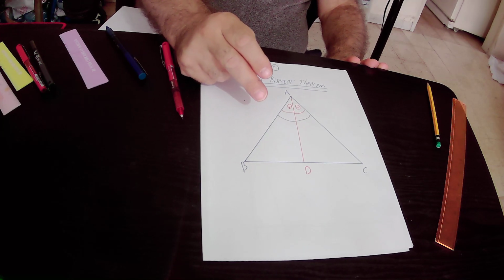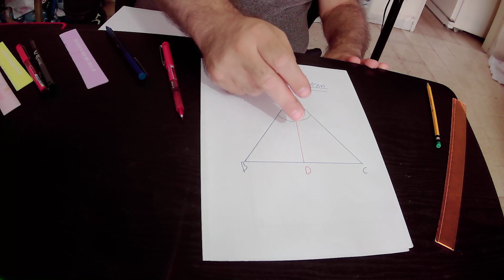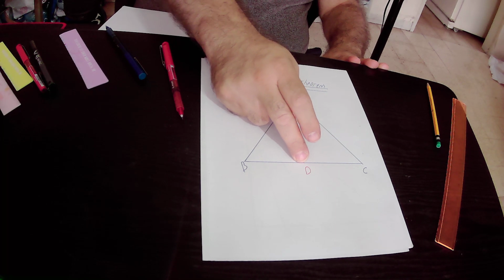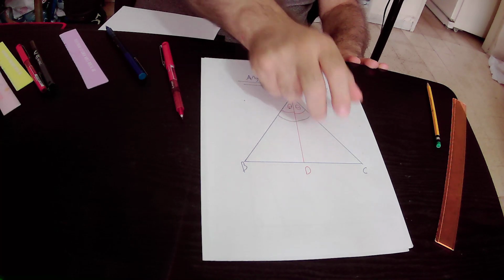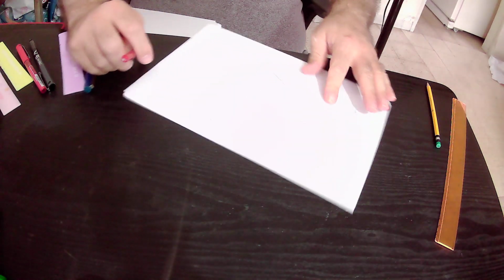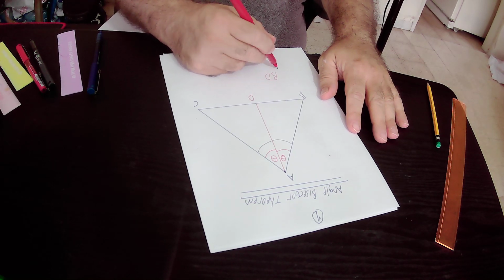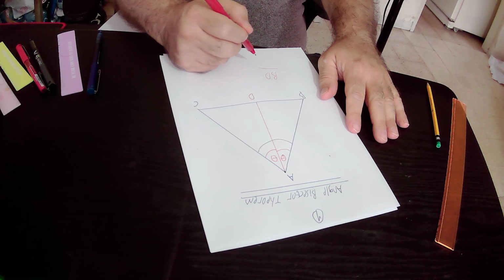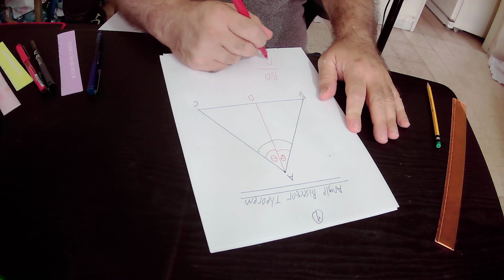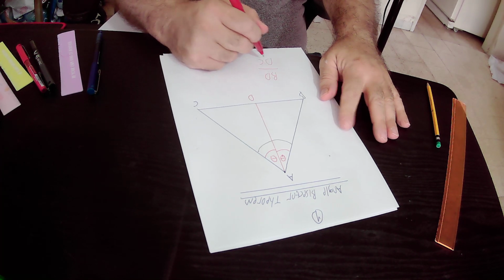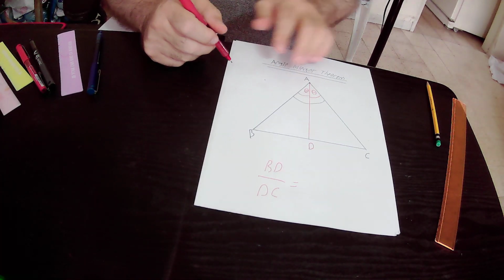So the angle bisector AD hits side BC at point D and divides it in a ratio of BD over DC. BD over DC is the ratio in which angle bisector AD divides side BC, and that ratio equals the ratio of the angle legs.